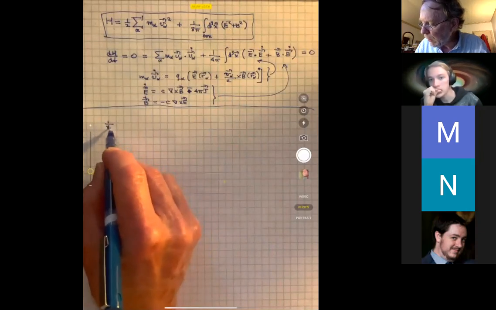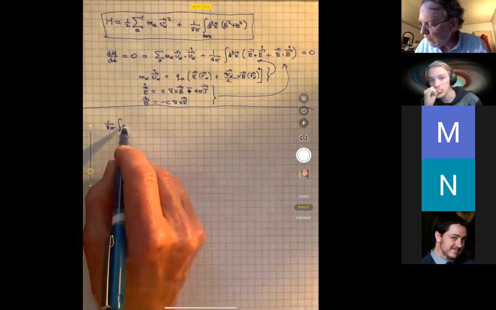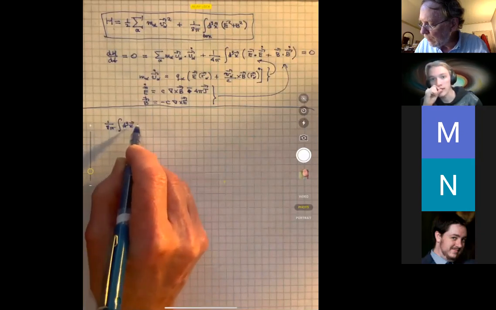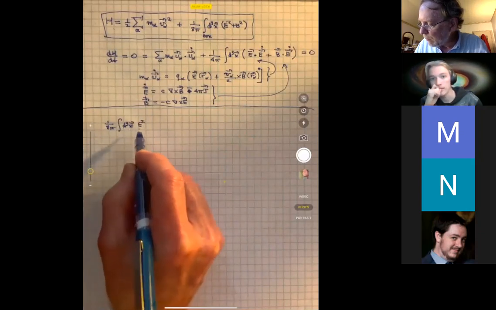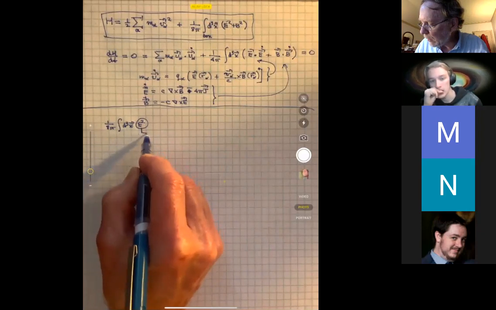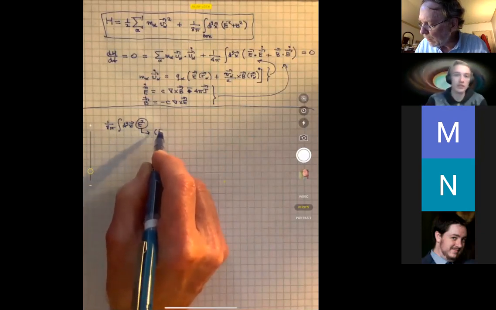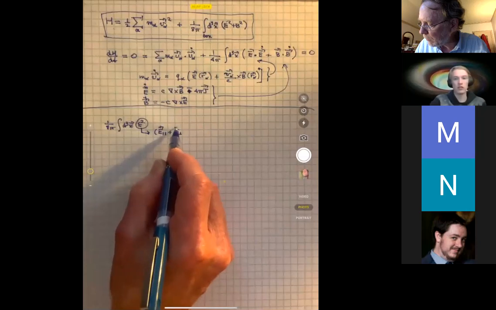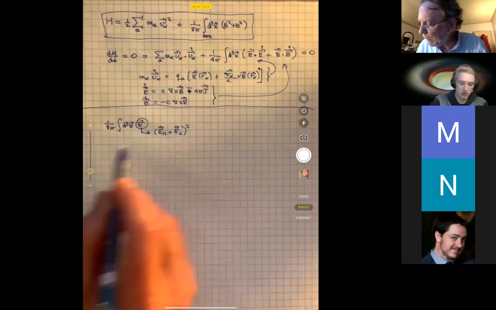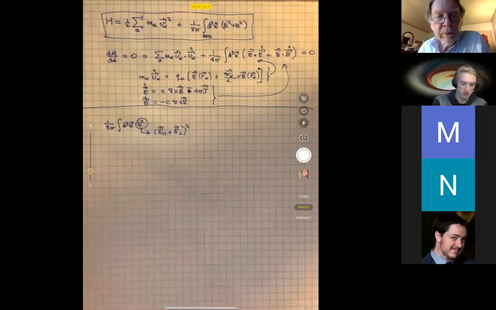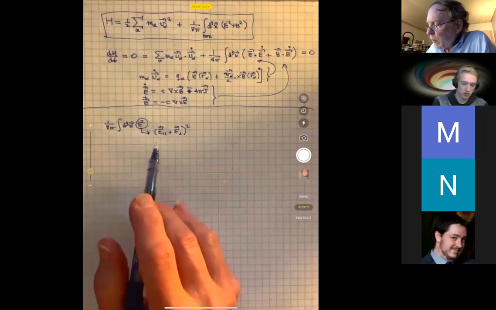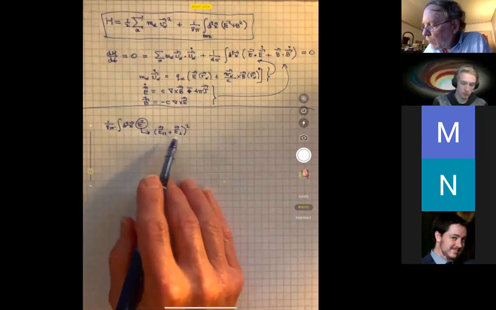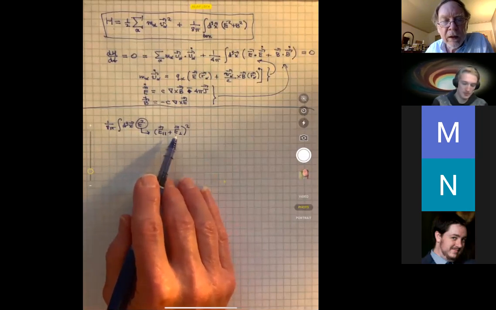This is 1 over 8 pi integral d cubed x of E squared. E squared is the square of the electric field. If we break the electric field into its longitudinal and transverse components, (E longitudinal plus E transverse) squared, we get that under the integral. Now, the cross terms involve the dot product of the longitudinal and transverse components of the electric field.